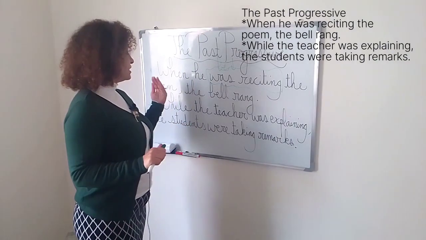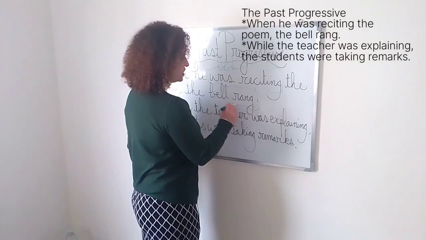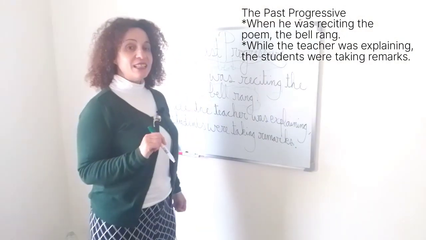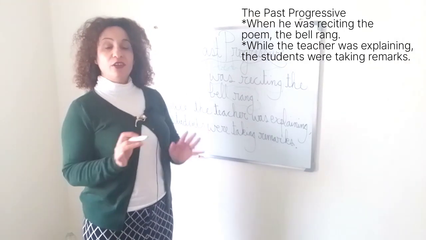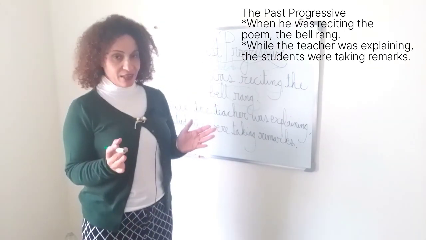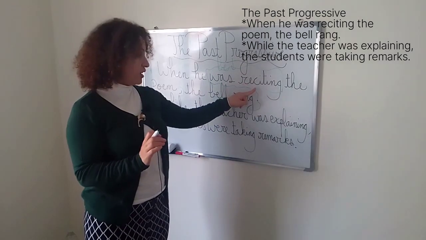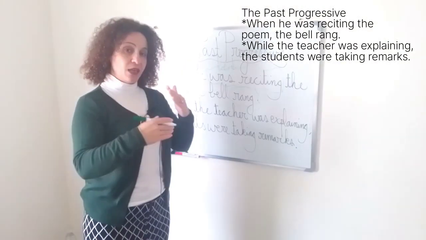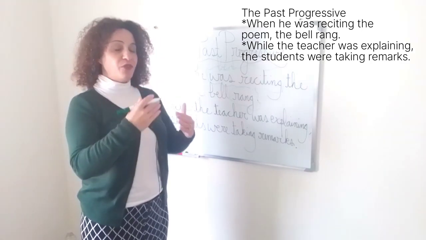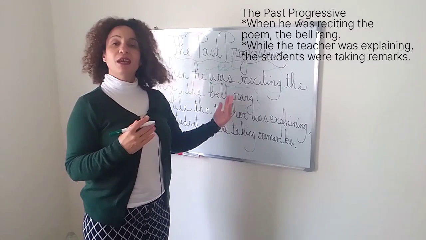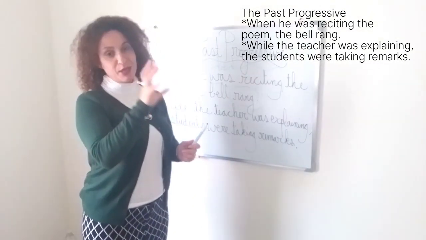You can notice after the comma, I have another action which is rang, and rang is the simple past of verb ring. Now, regarding the meaning of this sentence, I can deduce that the action of reciting was happening, was continuing in the past for a while before another action came to happen directly, immediately, in a minute.